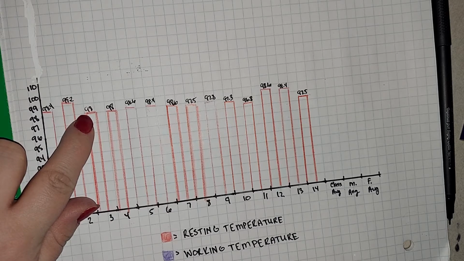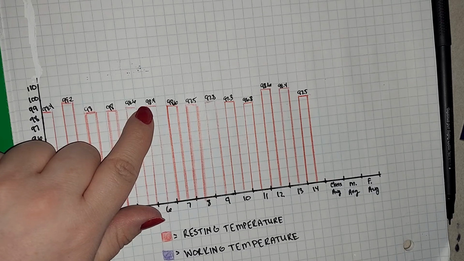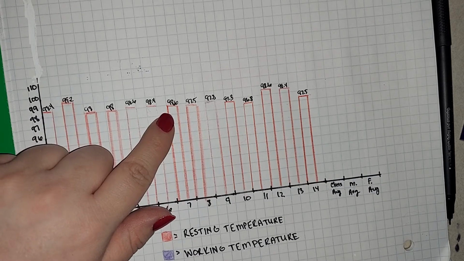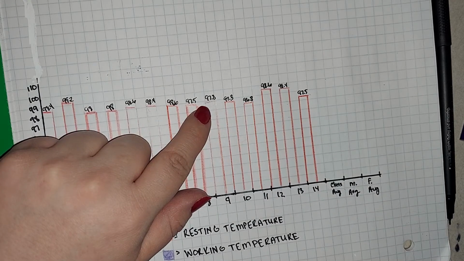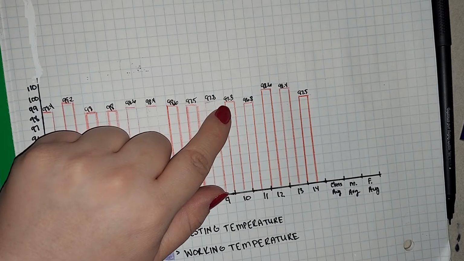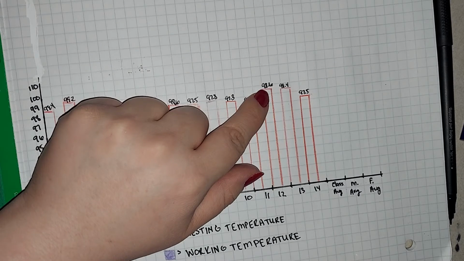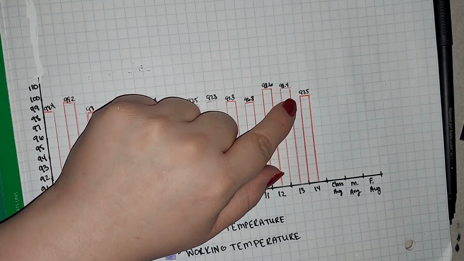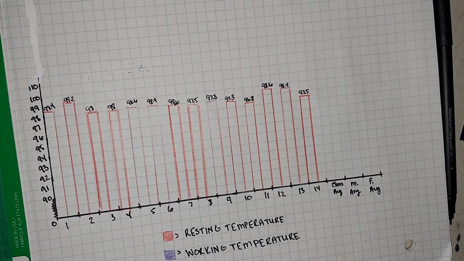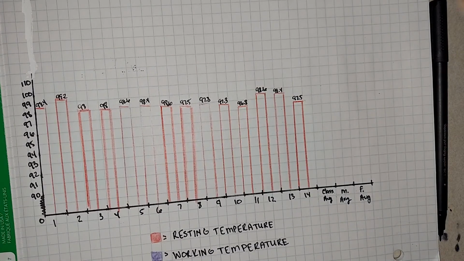Then we have 98 plus 98, 98.6 plus 98.4, 98.6, 97.5, 97.8, 97.3, 96.3, 98.6, 98.4, and then 97.5, which gives us 1372.6, and we're going to divide by 14, which gives us 98.04.